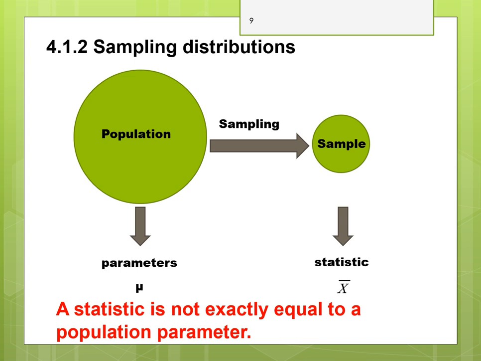So here, similar to what we mentioned before, this is the population. This is a sample which is randomly drawn from the population. And with the data of the sample, we can figure out some special values. For example, x bar. We have already known the meaning of x bar. That is the mean, right?